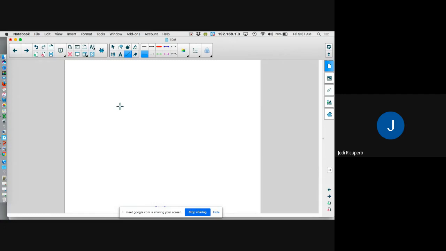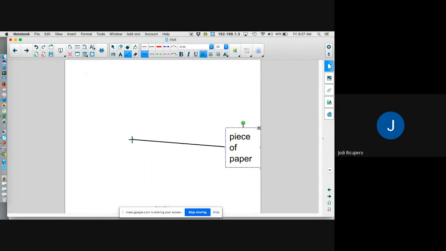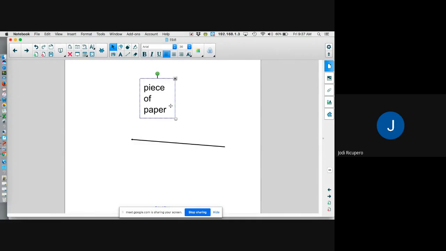As always, you need a piece of paper and your workbook, and of course, a pencil.